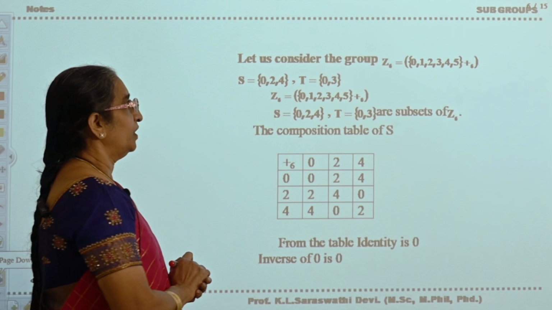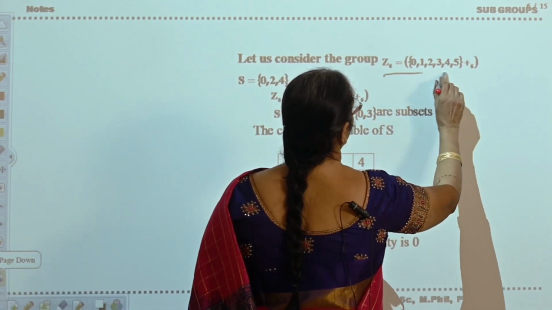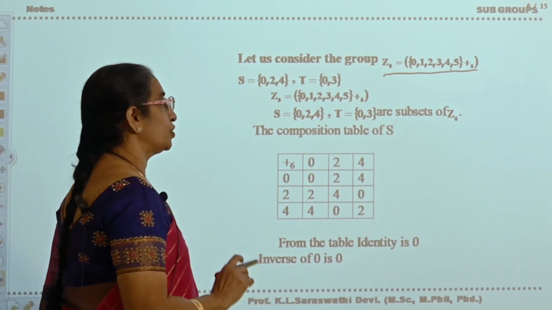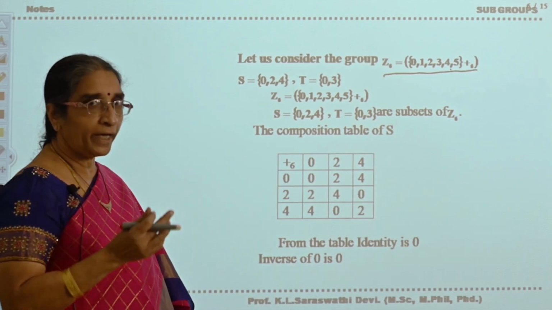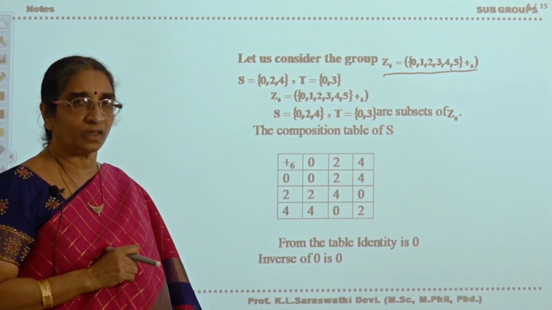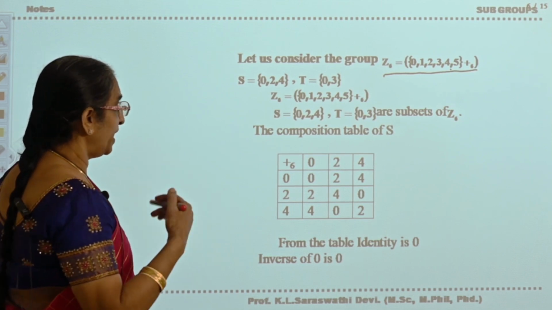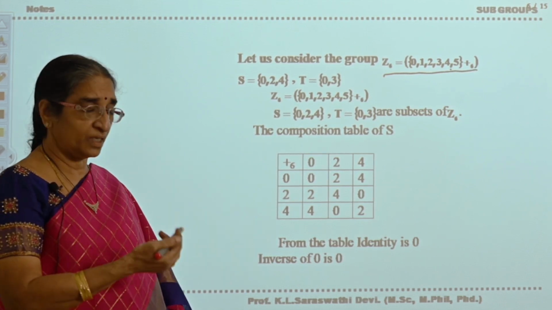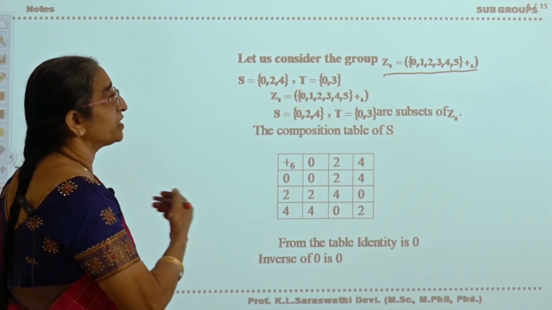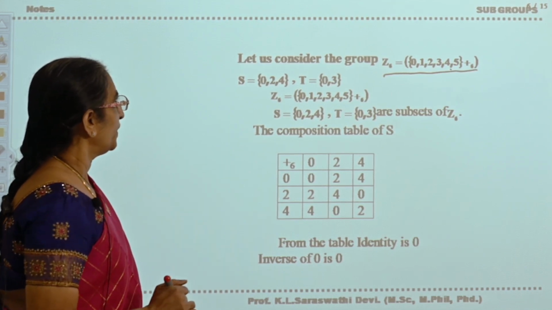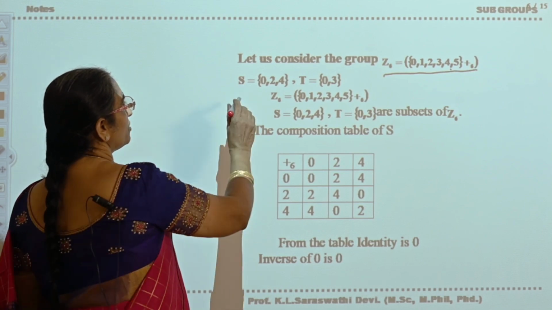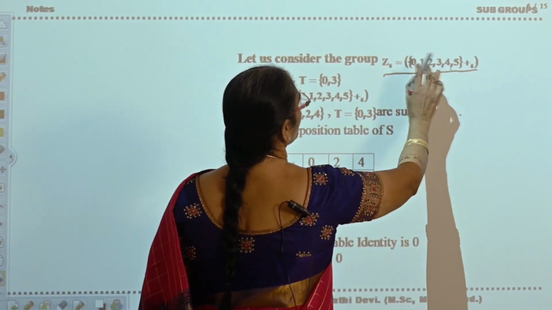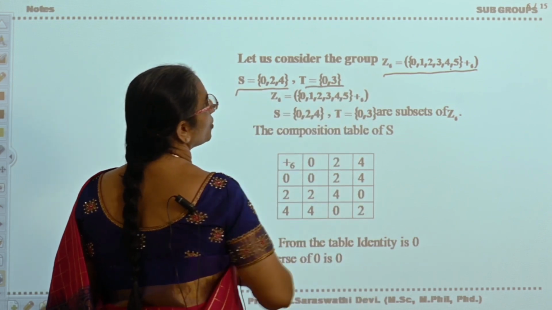Now see here, you have taken Z6 = {0, 1, 2, 3, 4, 5}, addition modulo 6. Why I have taken addition modulo 6 is in order to make you understand the modulo concept in a better way. Now take S equal to {0, 2, 4} from this, and T equal to {0, 3}.